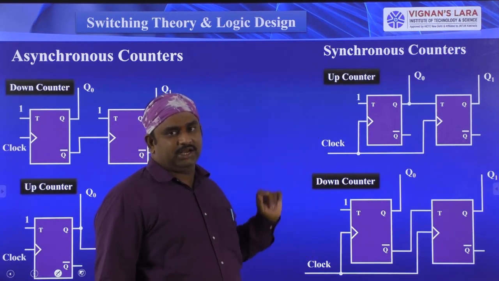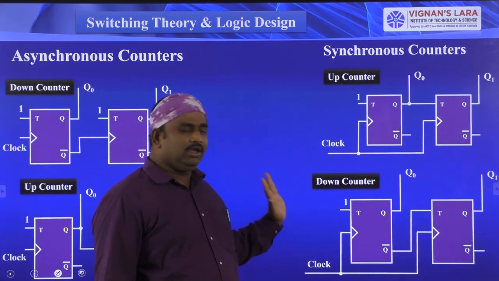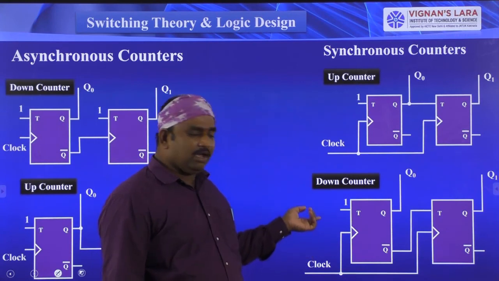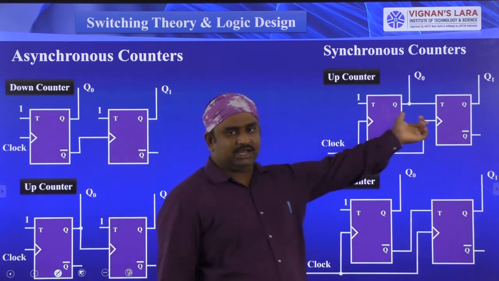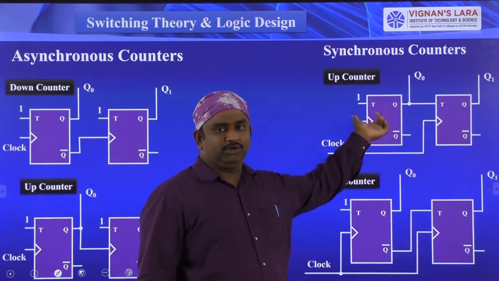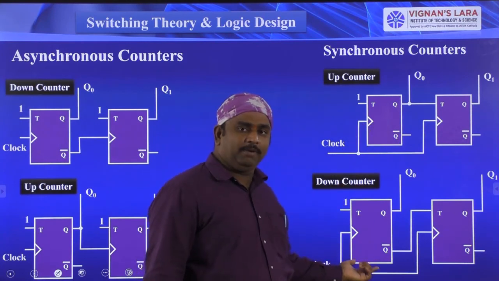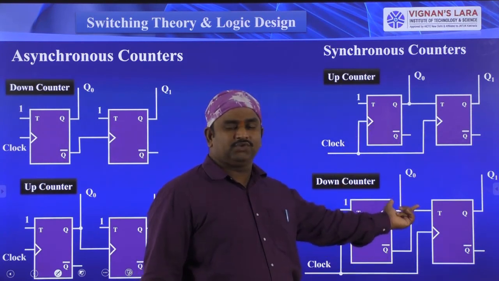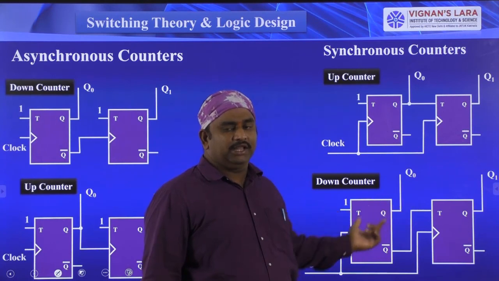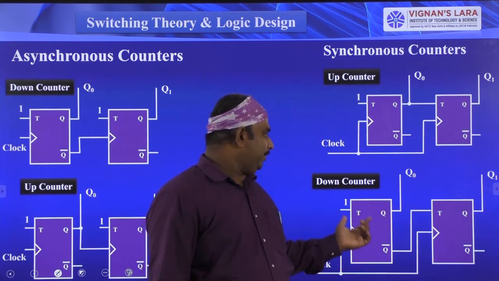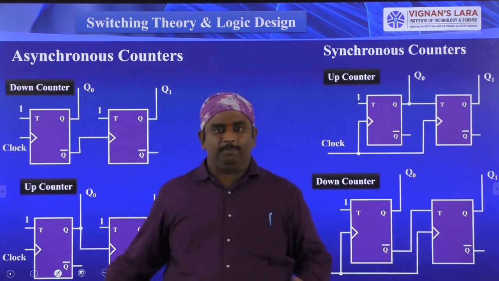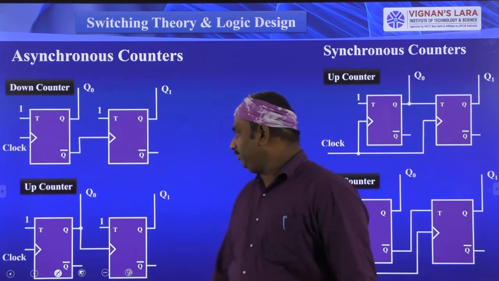It is very, very important. Next, if the original output is connected to the next flip-flop, it does the up counting operation. If the complemented output is connected to the next flip-flop T input, it does the down counting operation. These are very, very important observations you have to remember.